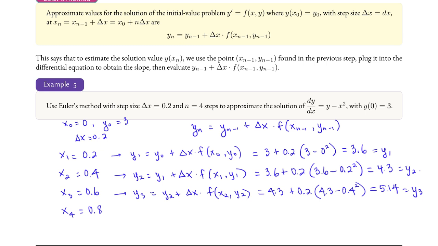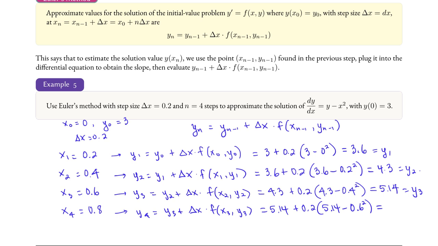So we're going to find y4. y sub 4 is y3 plus delta x times f(x3, y3). But y3 is 5.14. Delta x is still 0.2. y3 is 5.14 minus x3, which is 0.6, squared.